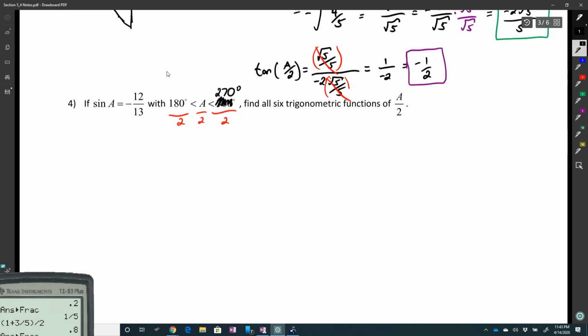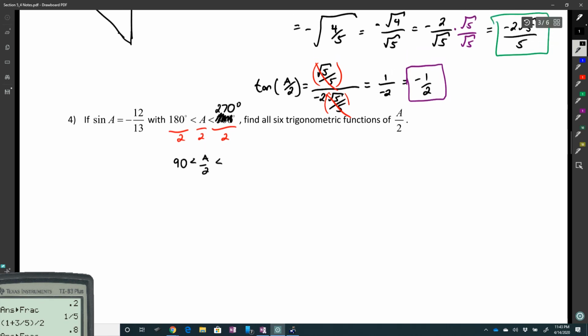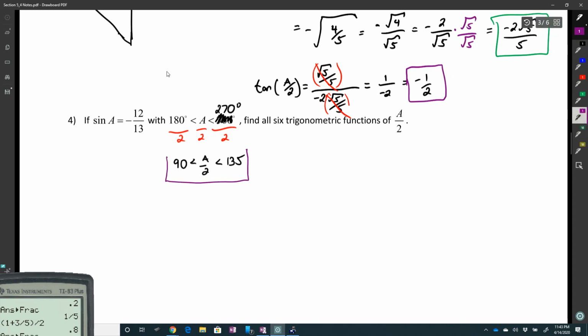then this becomes, again, 90, A over 2, and for the life of me, I cannot remember 135. Okay. So A over 2, 90 to 135, that's quadrant 2. Quadrant 2 is going to be a popular quadrant in this section.